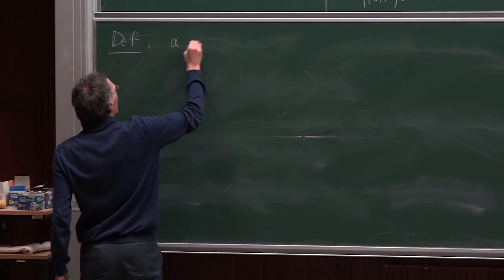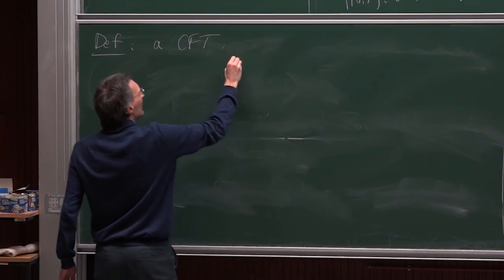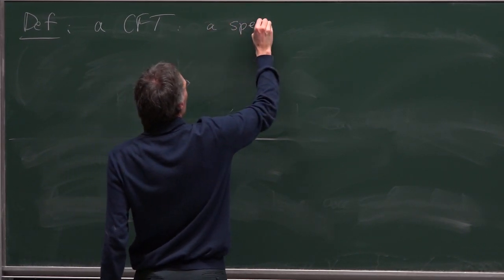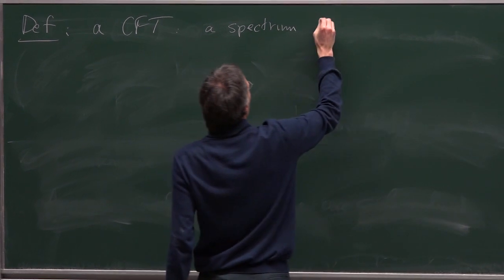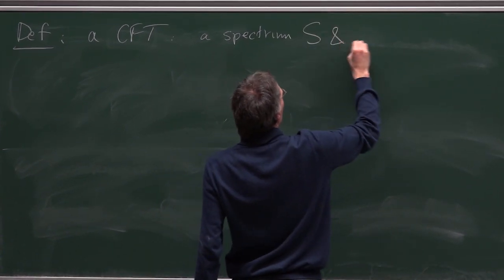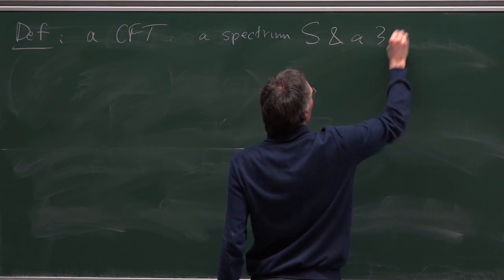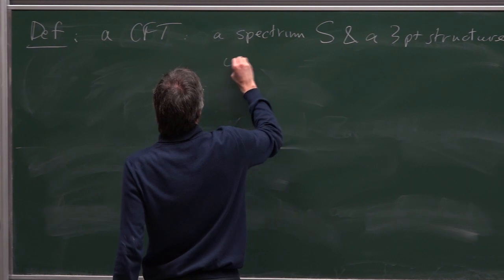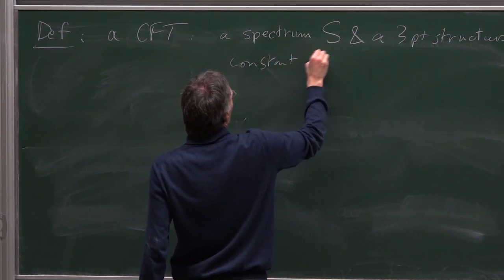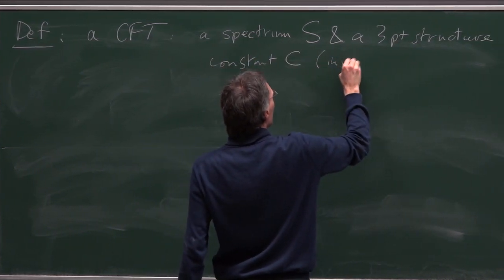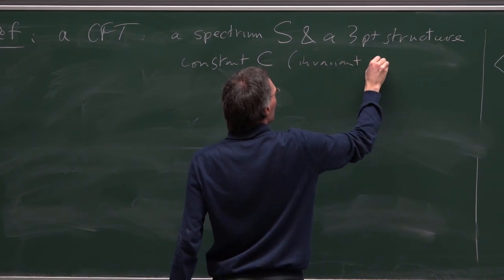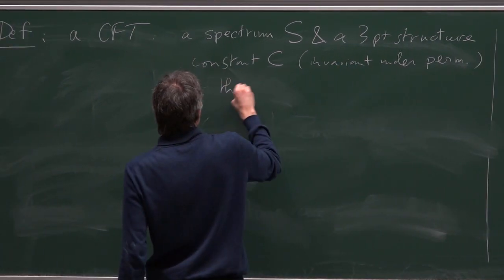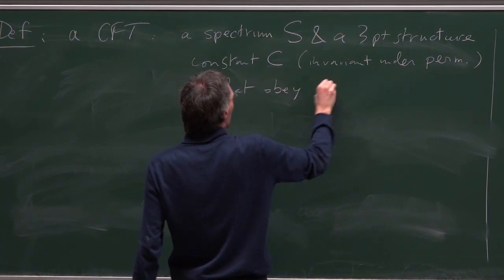So a definition of a conformal field theory now is a spectrum S and a 3-point structure constant C, invariant under permutations, that obey crossing symmetry.